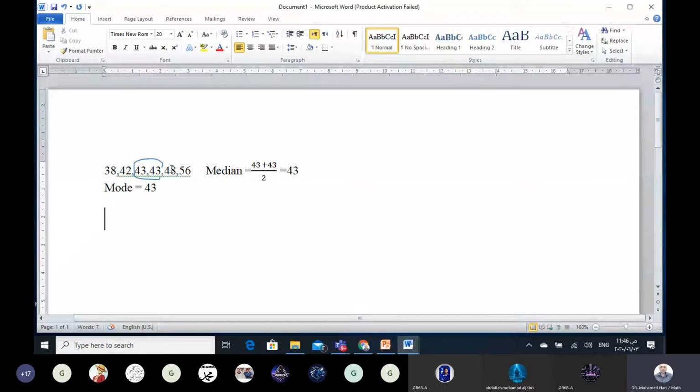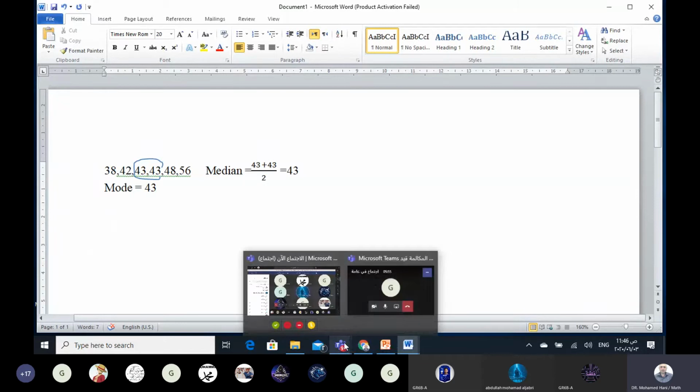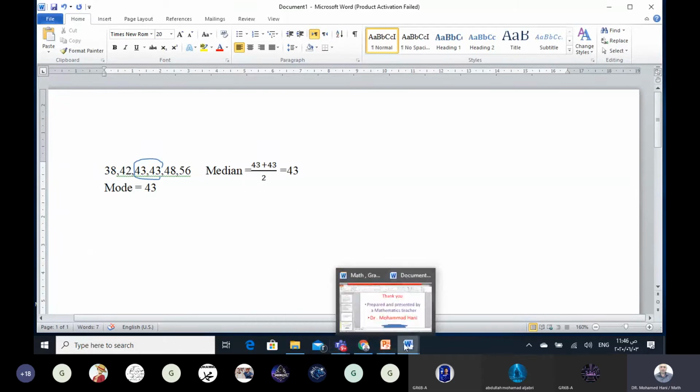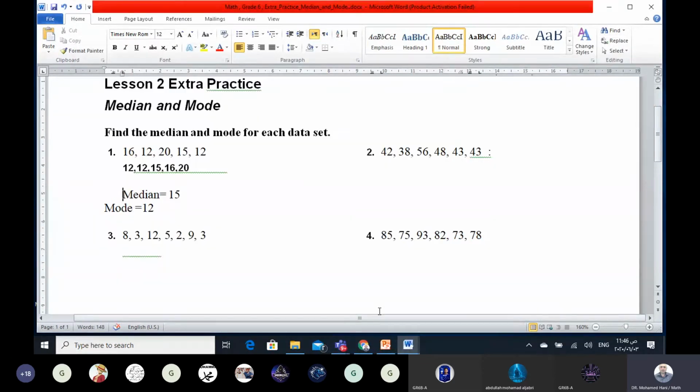No problem, but not always the same. In this question they will be the same. As you saw in the last example, the median was 15 and the mode was 12.